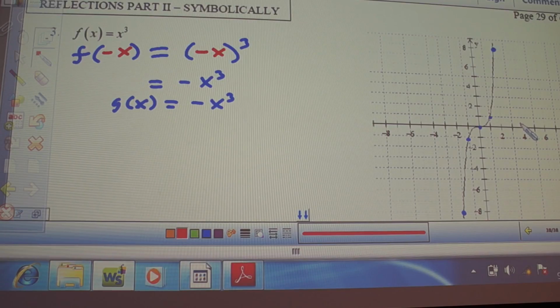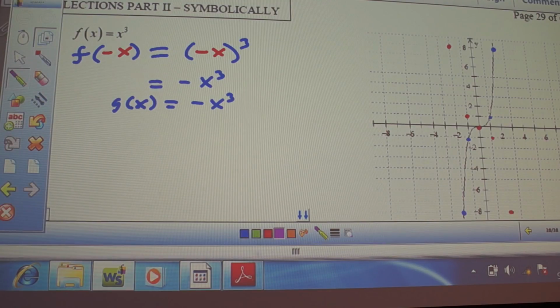So here, 2 to the right, I'm going to go 2 to the left. This one is 1 to the right, so I'm going to go 1 to the left. Here I'm right on the line, so I'm going to stay on the line. Here I'm 1 to the left, I'm going to go 1 to the right. Here I'm 2 to the left, I'm going to go 2 to the right. And then I'm going to draw in my little line here to connect it.